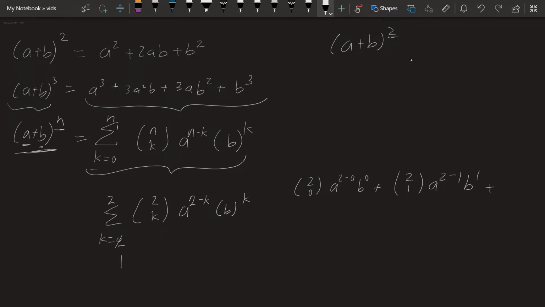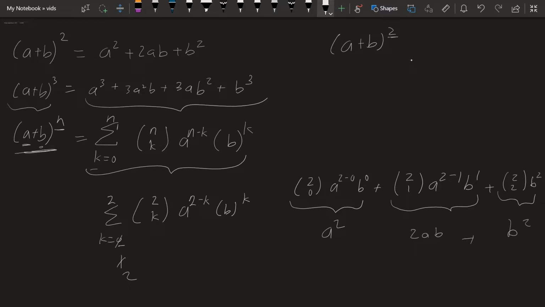And then finally k becomes 2, and it's going to be 2 combination 2, a to the power of 2 minus 2, which is 0, b to the power of 2. Right, guys? So we can simplify this, and this becomes a squared. We can simplify this, and this becomes 2ab. We can simplify this, and this becomes b squared.